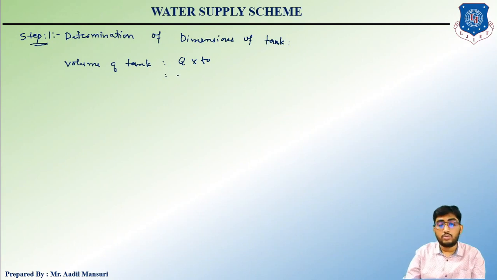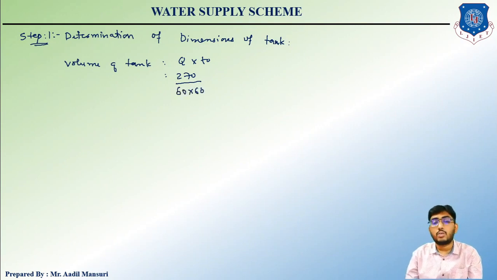This will be equal to 270 meter cube per hour, divided by 60 to convert into per second as needed, and the time that we have taken is 30 seconds. So this comes out to be equal to 2.25 meter cube.